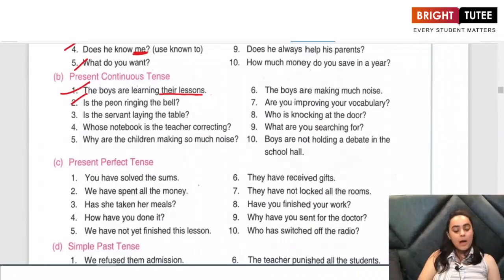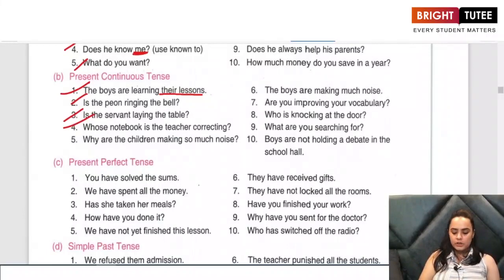Is the bell being rung by the peon? Is the servant laying the table? Is the table being laid by the servant? Whose notebook is the teacher correcting? Whose notebook is being corrected by the teacher?